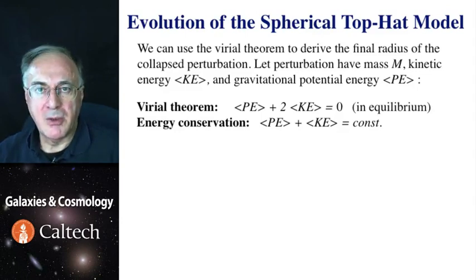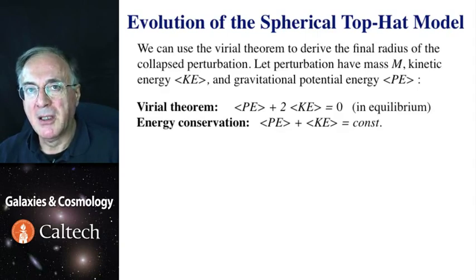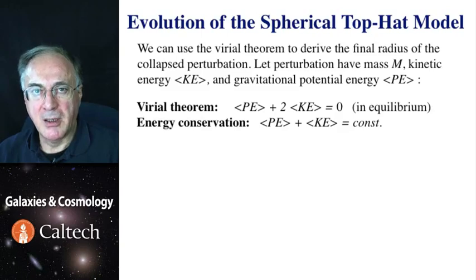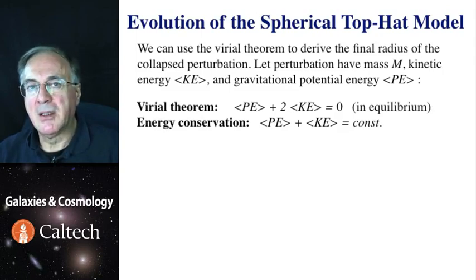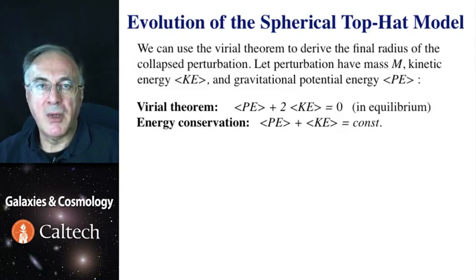A simple argument to understand the final virial radius is that the system is just bound, so kinetic energy and potential energy are equal at the beginning. When it's in equilibrium state, the virial theorem tells you that kinetic energy will be 1/2 of the potential one, to within a sign.